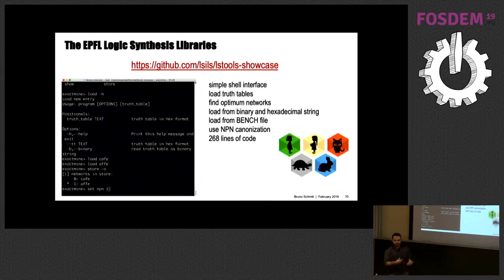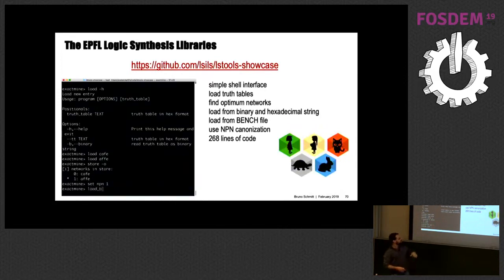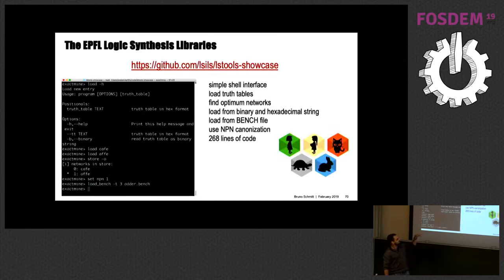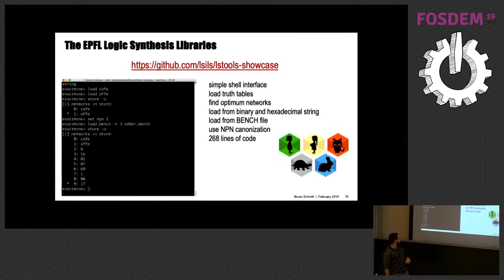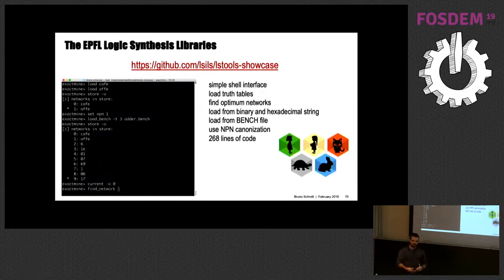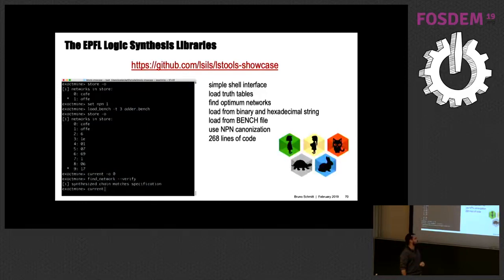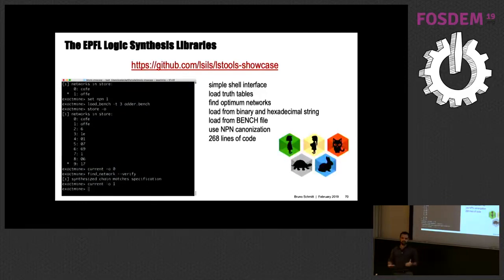It loads some truth tables, loads truth tables from binary and hexadecimal strings, loads from bench, does some NPN canonization, and then you can play around. To have something like this, more of a tool, it only takes 268 lines of code from the user's point of view, for the people who are actually composing the libraries and doing their thing.